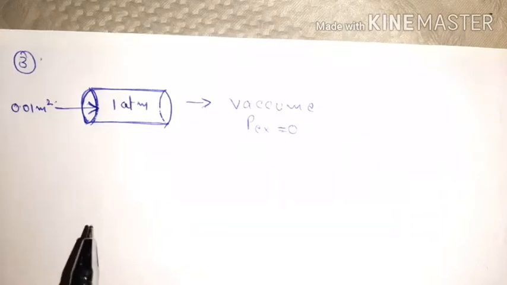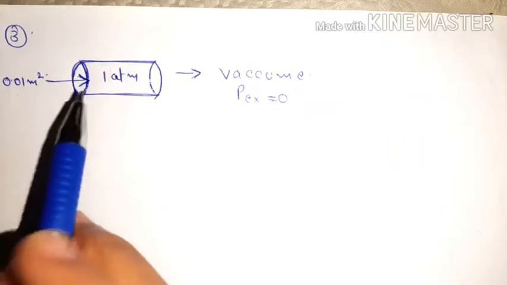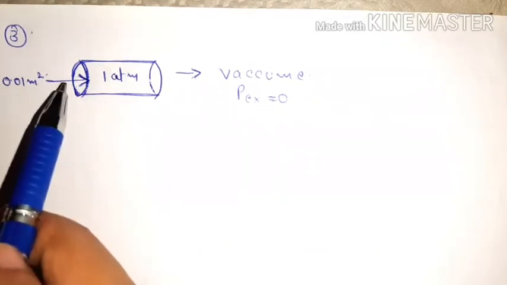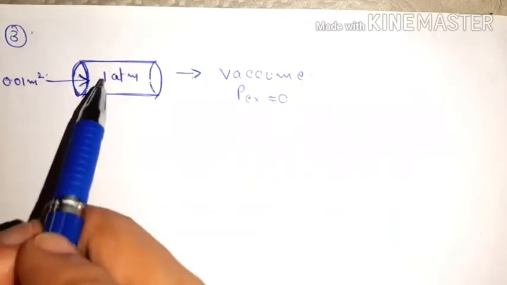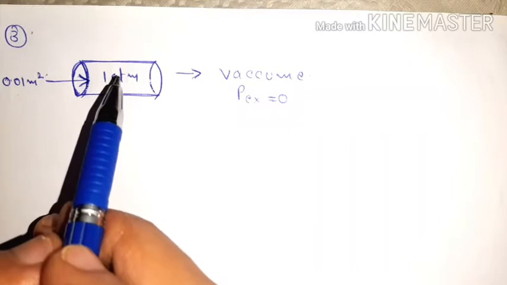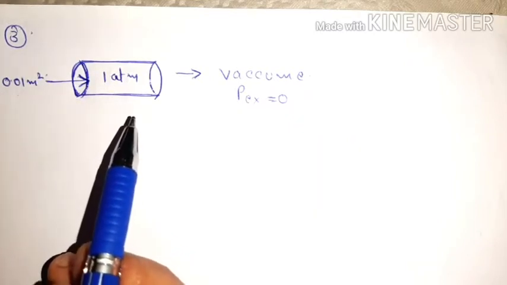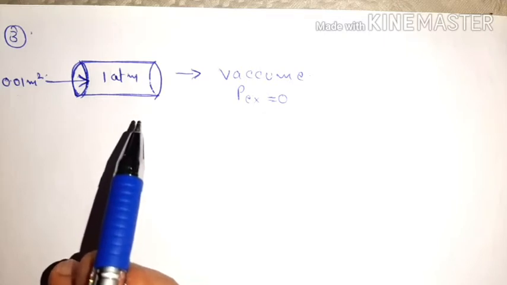So understand friends, for maintaining internal pressure we must apply equal pressure on the lid from outside. When you maintain internal pressure, that is 1 atmospheric pressure, you must apply equal and opposite pressure from outside. And what is the pressure? That is equal to 1 atmospheric pressure. So we must apply 1 atmospheric pressure from outside, but this is a pressure, and in the question you must find a weight.